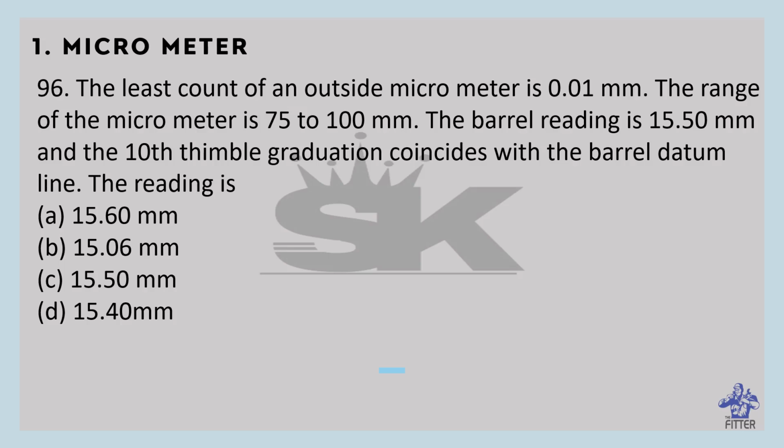The least count of an outside micrometer is 0.01 mm. We know that the range of the micrometer is 75 to 100 mm. The barrel reading is 15.50, and the 10th thimble graduation coincides with the barrel datum line.